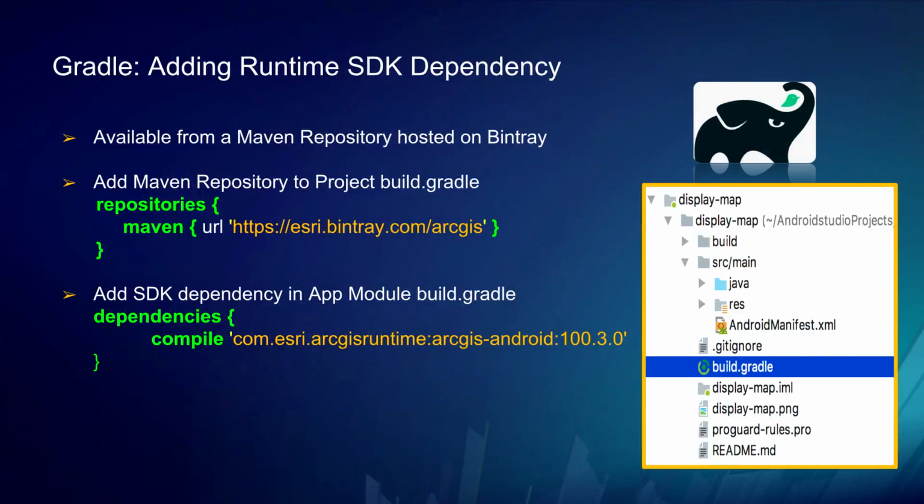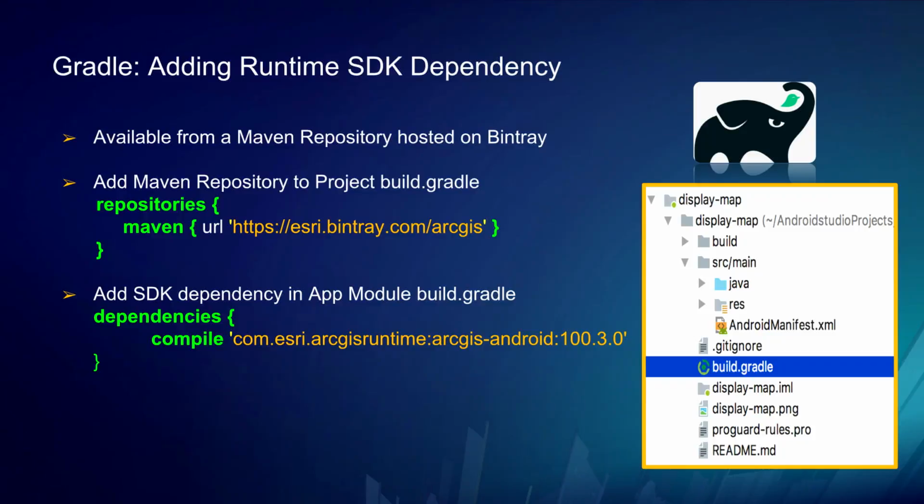If you create a new Android Studio project, you will have a build.gradle file in your root project folder. That's where you need to add a Maven repository, and we host the SDK as a Maven repository on Bintray. That's where you would get the SDK from.